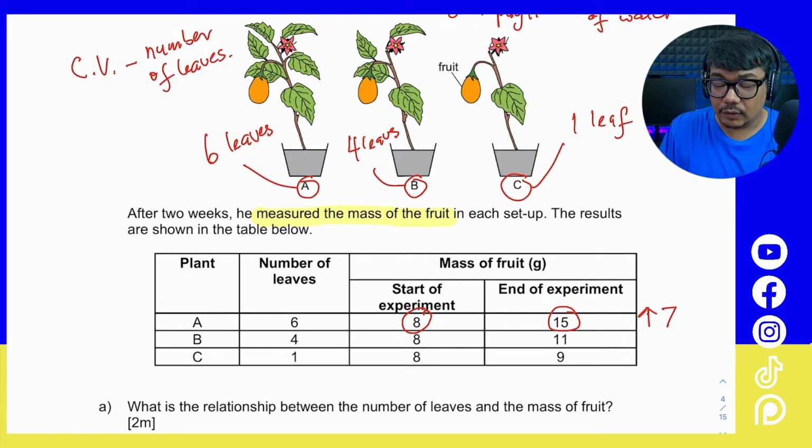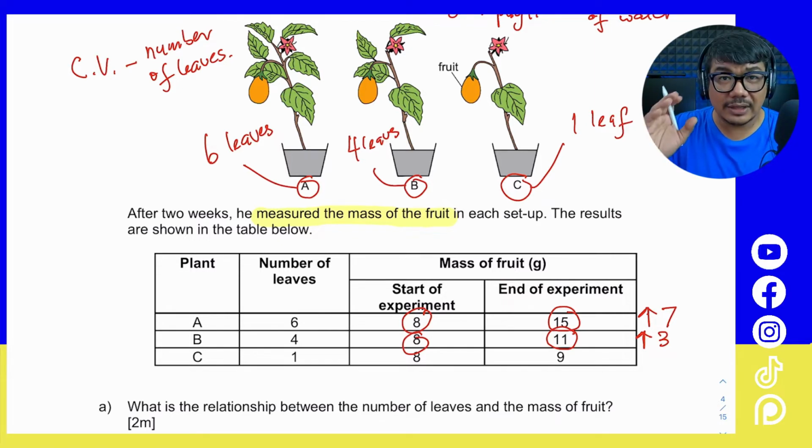For B, with 4 leaves, the start is the same, 8 grams, and it went up to 11 grams, an increase of 3 grams. For plant C, the number of leaves is only 1. At the start the fruit was 8 grams, and at the end it went up to 9 grams, an increase of 1 gram.